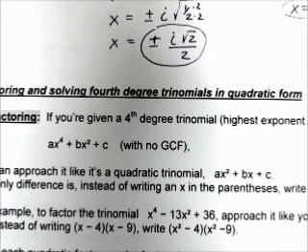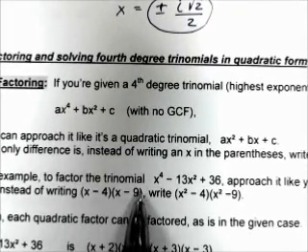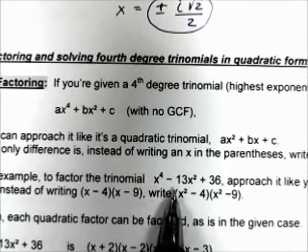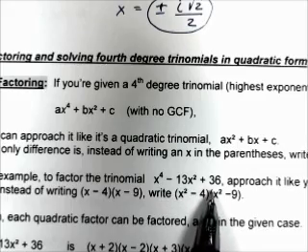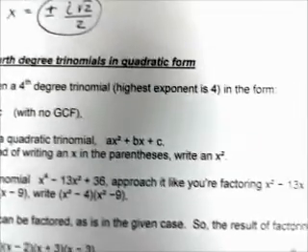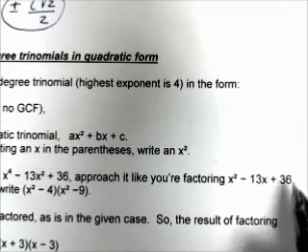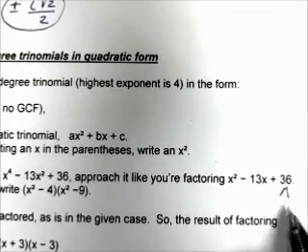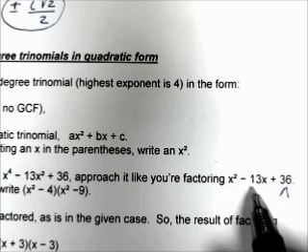The only difference is instead of writing an x in parentheses, you write an x squared. For example, to factor the trinomial x to the 4th minus 13x squared plus 36, you approach it like you're factoring x squared minus 13x plus 36. In other words, you go to the constant. What are the factors of 36 that add to -13?